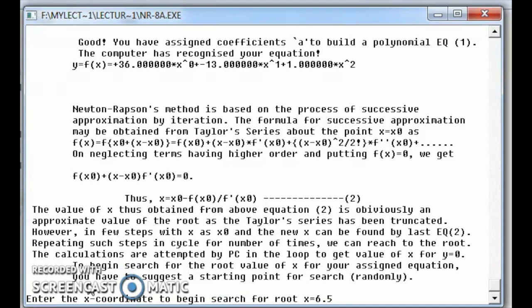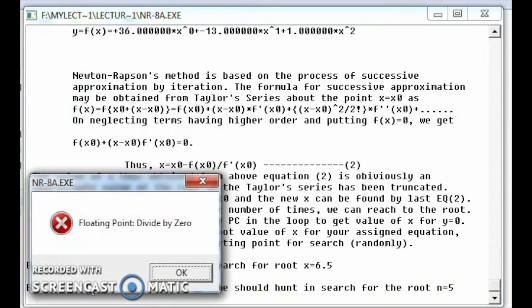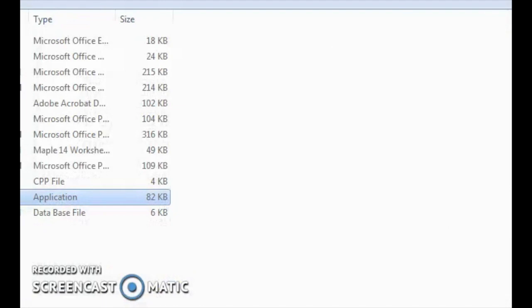This is a point where the function has minima, and at minima its first derivative is 0, and in the denominator h is equal to minus f upon f dash, so f dash will be 0. So here I want to enter some number of steps, say 5, and this will be stuck at floating point error, divide by 0, because f dash has gone into the denominator, which is 0, and that makes things not possible. So this is one of the drawbacks.